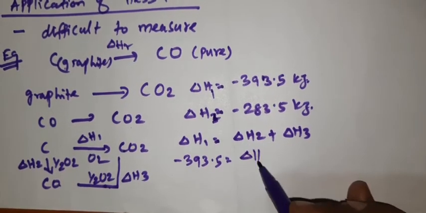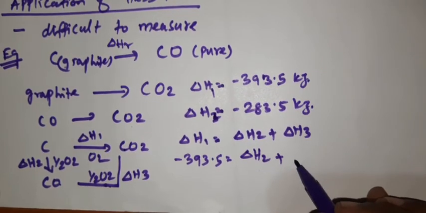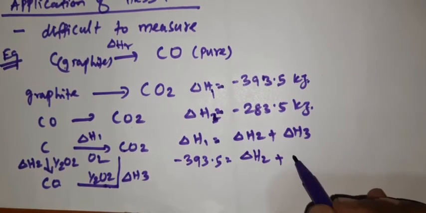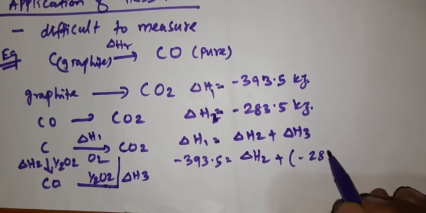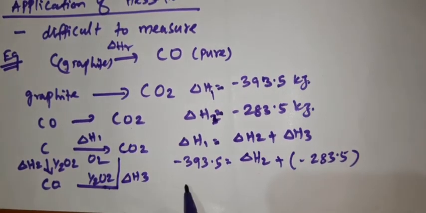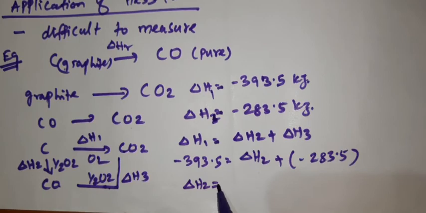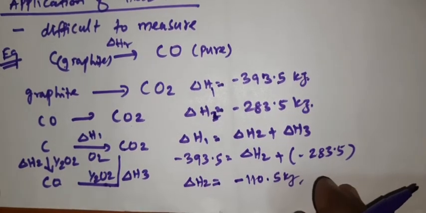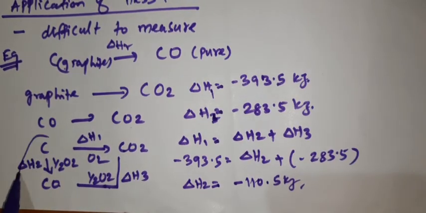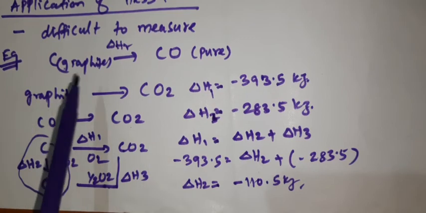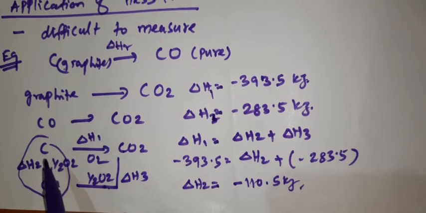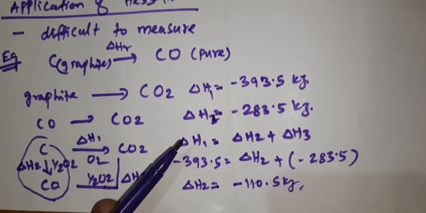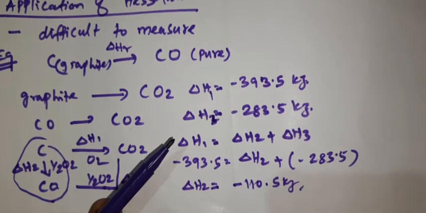This delta H2 we keep, because we don't know it, we are going to calculate it. Finally, the delta H2 value you will get is minus 110.5 kilojoules. So this is the way we can calculate the carbon to carbon monoxide value. This is called the calculation of change in enthalpy of combustion for graphite to carbon monoxide.